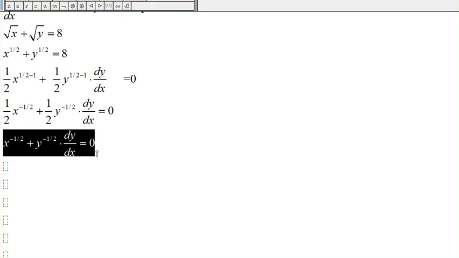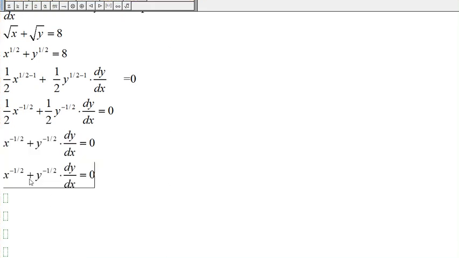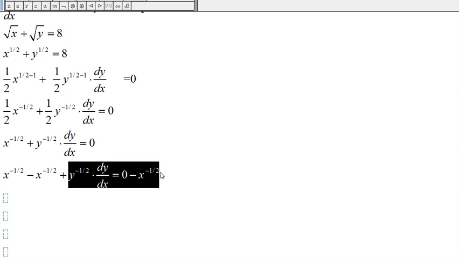And now we subtract x to the negative 1/2 from both sides. So this will be 0, and then we get this.